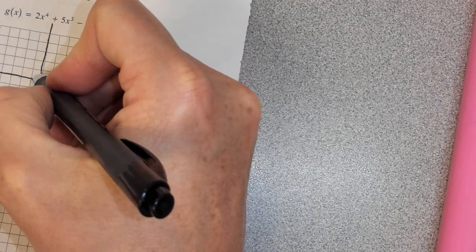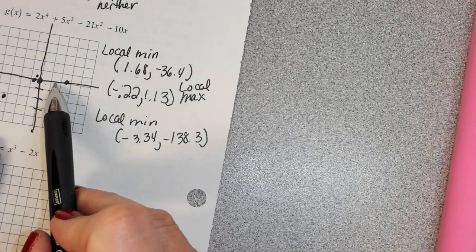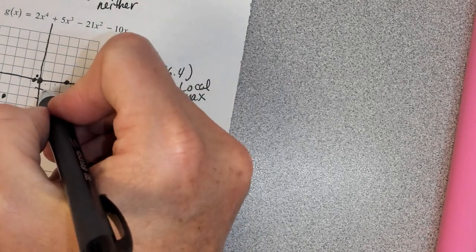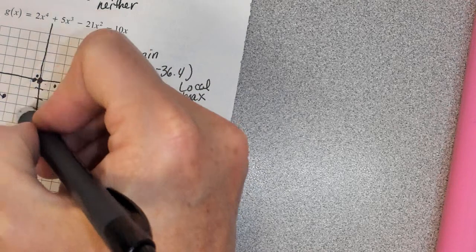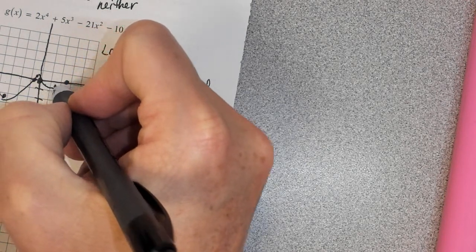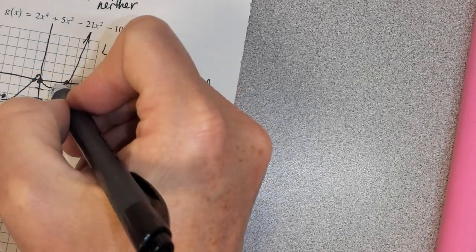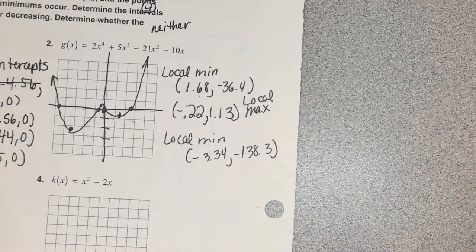It's really hard to plot that one. Then we have a minimum at 1.5 and down about 30. That's going to be right about there. And then we know that end behavior was like this. Okay? So there's a pretty good look at what the graph is.